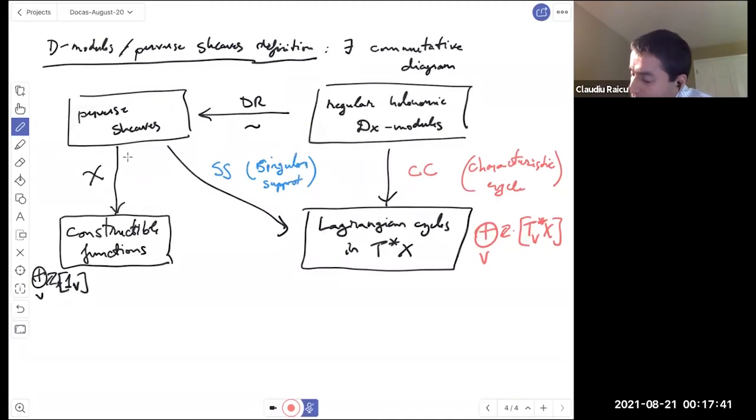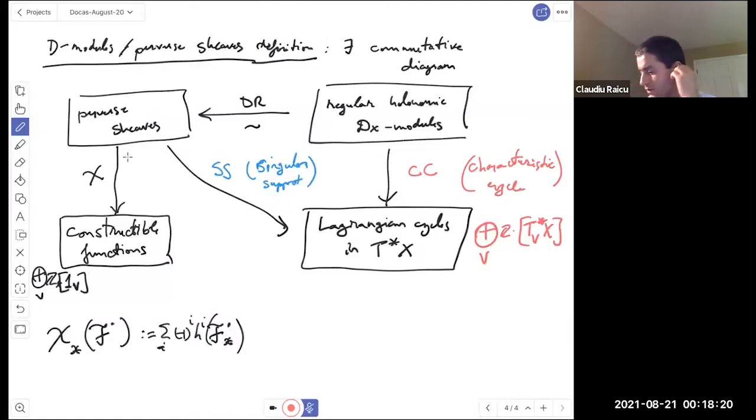If you take any perverse sheaf on X, like the de Rham complex of a D-module, then you could look at a function which at the point x in X is defined as follows: you take the sheaf, look at the stalk, and then look at the Euler characteristic, the sum of (-1)^i times the dimension of the i-th cohomology of the stalk.